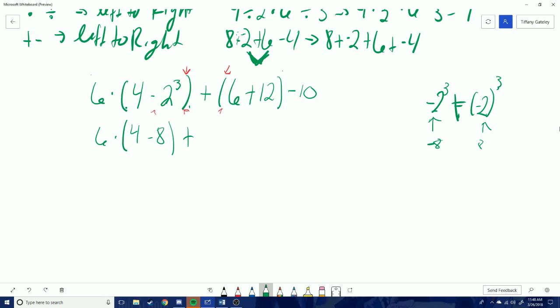So 4 minus 8 plus 6 plus 12 is 18 minus 10. And then we do parentheses again, so 6 times negative 4 plus 18 minus 10. 6 times negative 4 is negative 24 plus 18 minus 10.